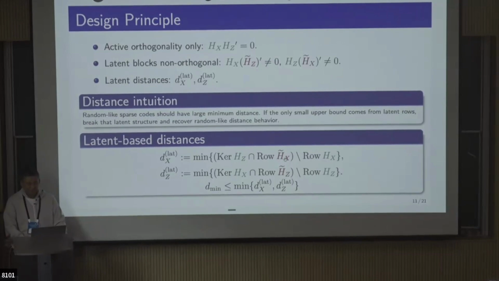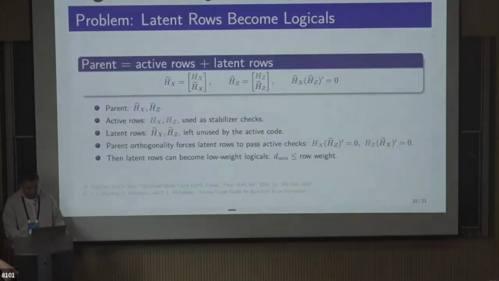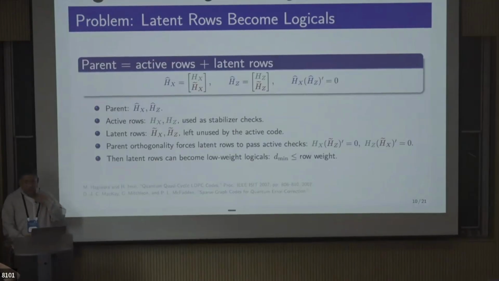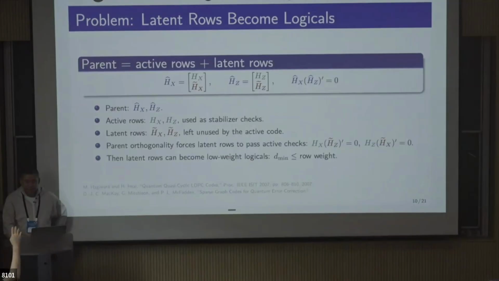Can you explain what latent distances are for? Can we go back to the previous slide? Here in this search, which part is random?